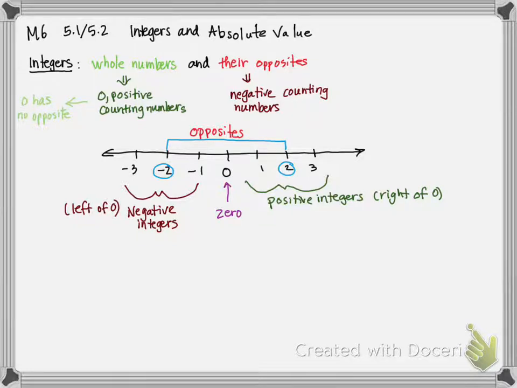Numbers that are left of 0, those are negative. Bottom line, those signs are just indicating a direction from 0, okay? So we've got negative integers, positive integers, 0, and opposites.